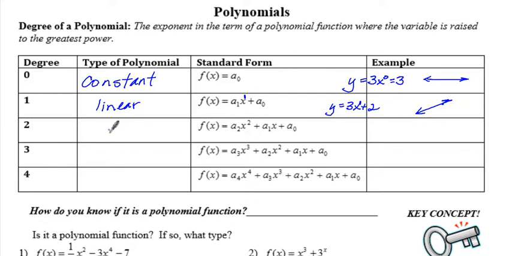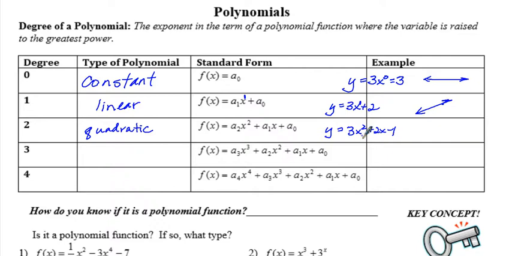A degree of 2, we just spent a lot of time talking about these kinds of polynomials. A degree of 2, that's a quadratic. The standard form is this. See how the highest power on any of the x's here is a 2. An example might be y equals 3x squared plus 2x minus 1.